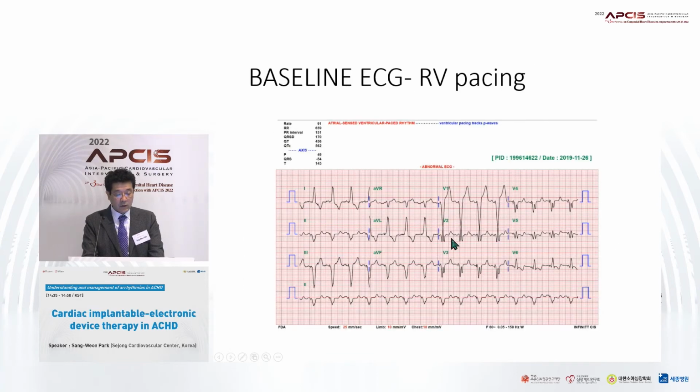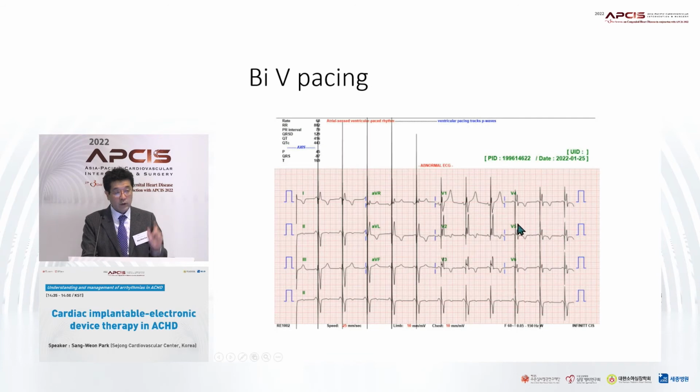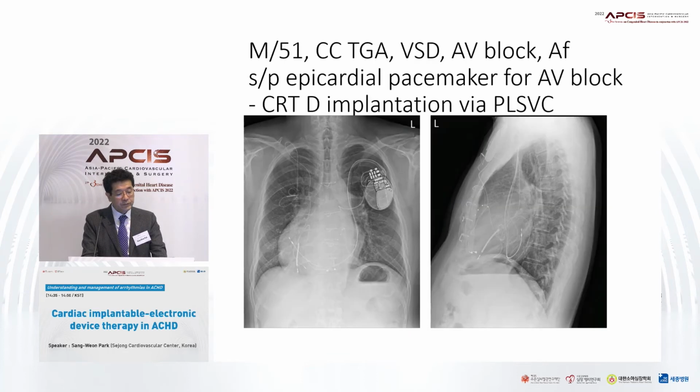Before CRT implantation, the pacing ECG is like this, but it showed a narrower QRS after that CRT upgrade. So the patient feels better and is doing well.